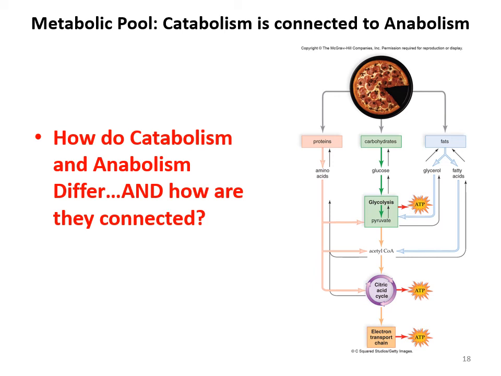Because it takes energy to build something. Think of how exhausted you would be if you had to build a wall, right? It takes a lot of energy. If you had to build a house, a lot of energy. Build a car, any building, that's going to take a lot of energy, okay? So with that, you are then consuming energy that had been gained through catabolic reactions.